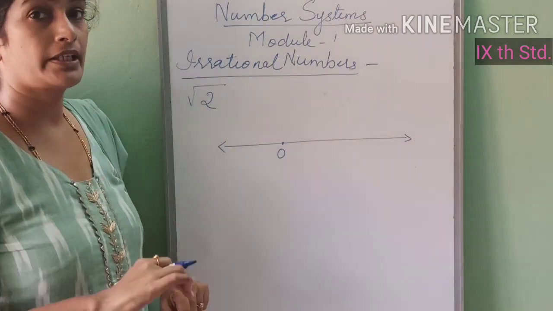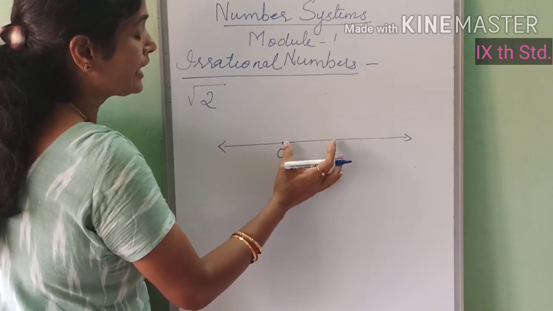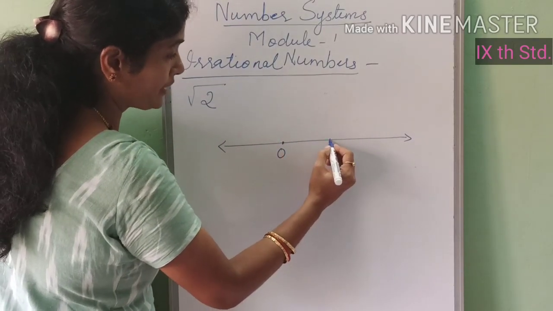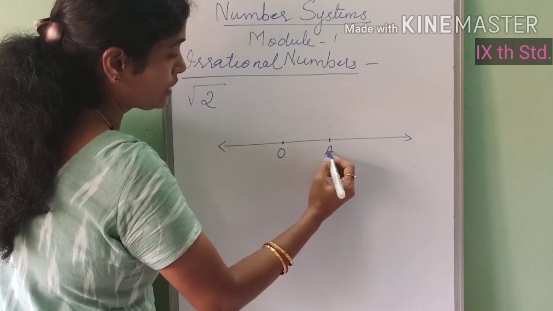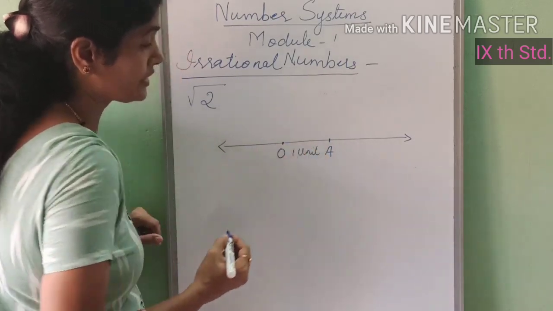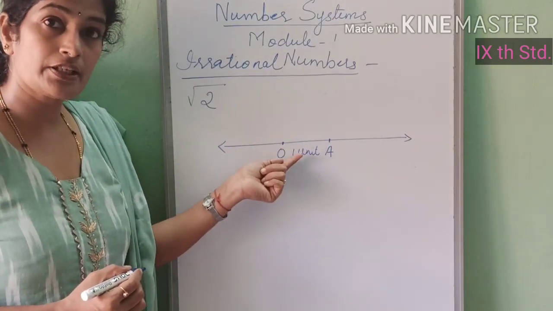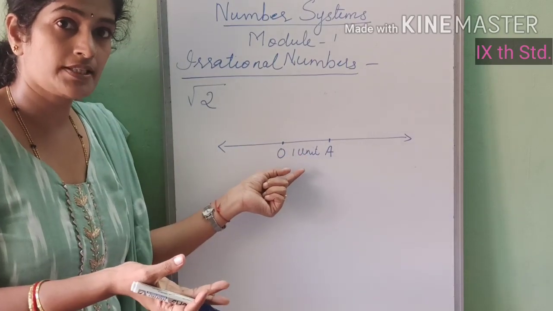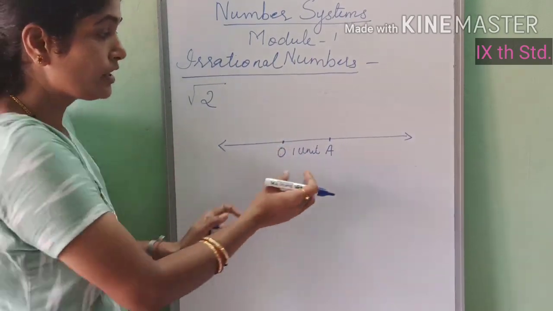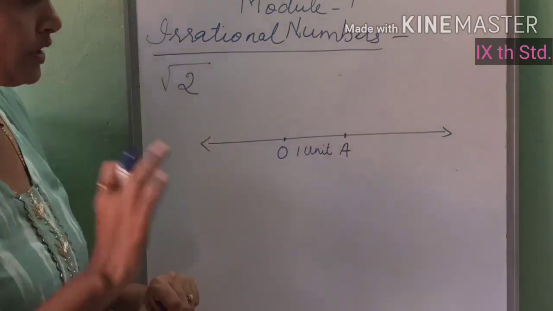After marking 0, on the scale we will mark a point, say A, where O to A is 1 unit. That 1 unit can be 1 centimeter in your scale, 2 centimeters in your scale, or whatever it may be. It is only 1 unit. So 0 to A, I am taking it as 1 unit.